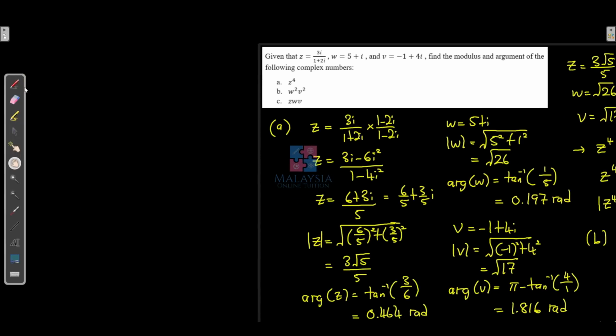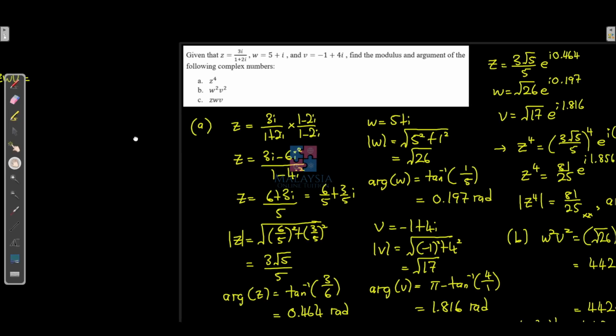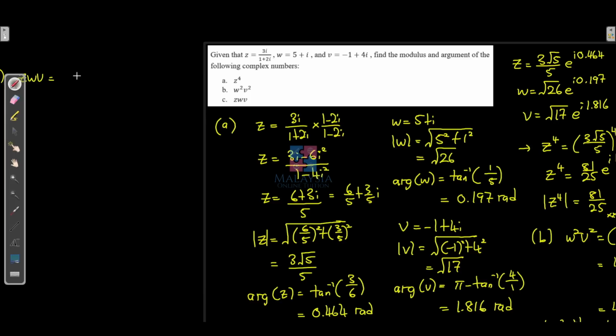And for the last one, which is part C, zwv. So what is zwv? We are going to be multiplying all the exponential forms from just now. So we have 3 square root 5 over 5 e^(i) 0.464 times square root 26 e^(i) 0.197 times square root 17 e^(i) 1.816.